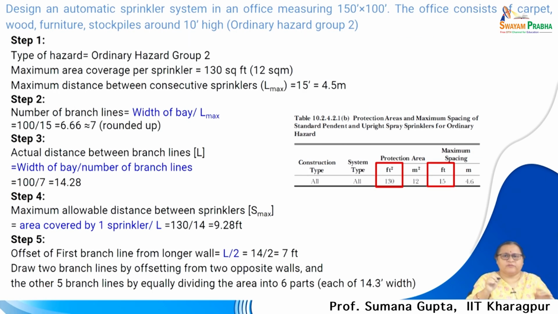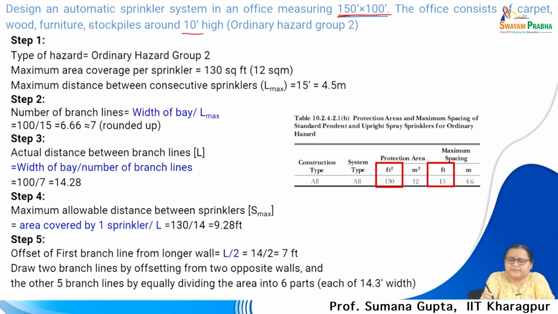Let us see a small example where my office measures 150 feet cross 100 feet. You can see here I am marking it with red. The office consists of various materials like carpet, wood, furniture, stockpiles etc. around, and is around 100 feet high.